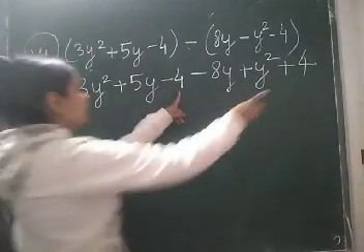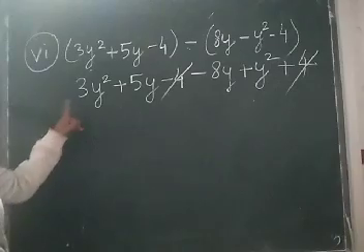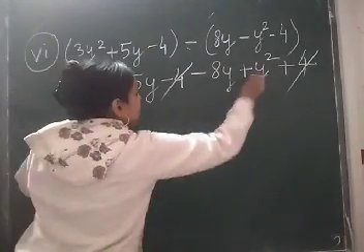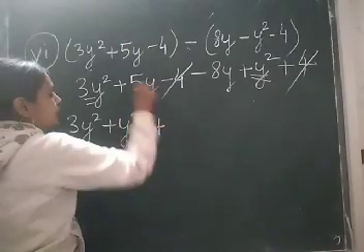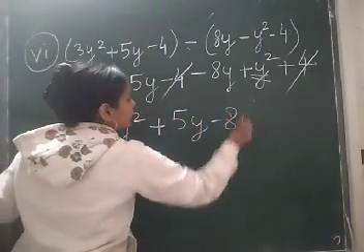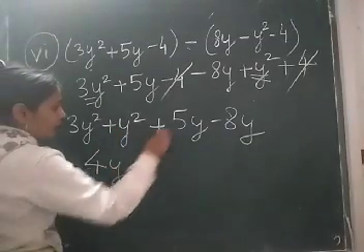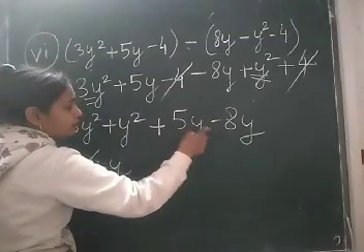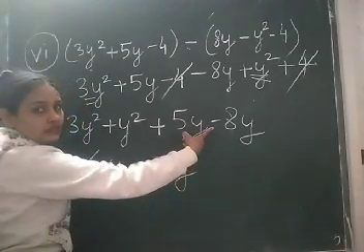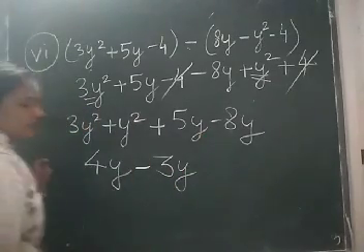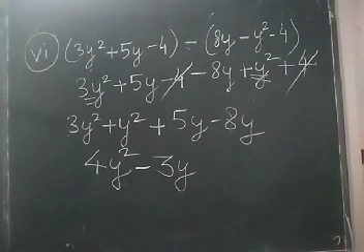Anything is getting cancelled? Yes. Minus 4 plus 4 gets cancelled, and 3y square and y square. So 3y square plus y square plus 5y minus 8y. 3y square plus y square gives 4y square, and this gives 5 minus 8, that is 8 minus 5 gives us 3y. Answer will be negative because 8 is greater and it is negative. So the answer is 4y square minus 3y.